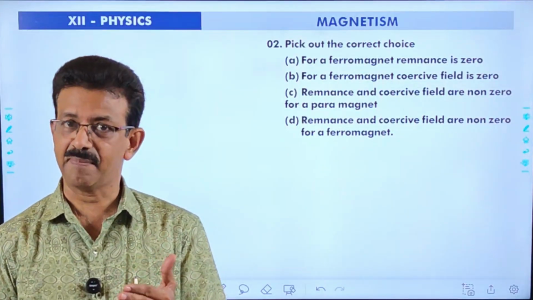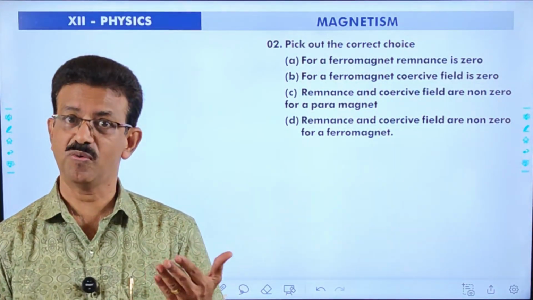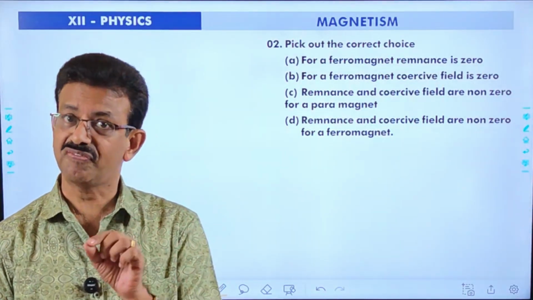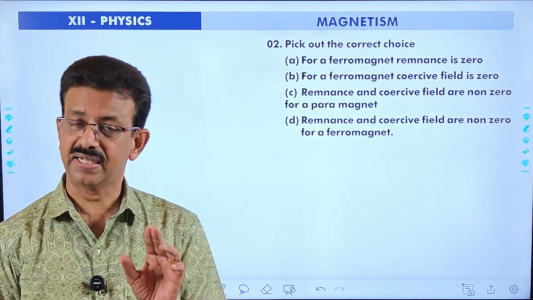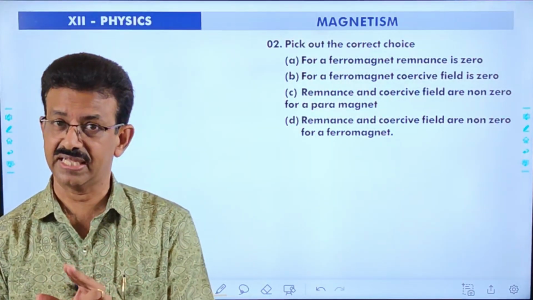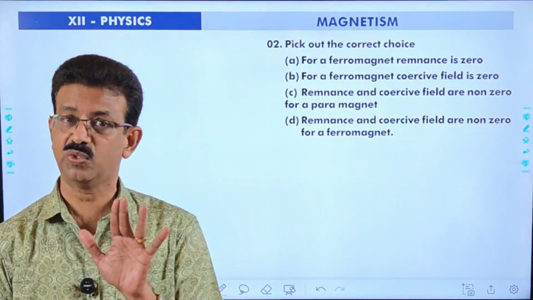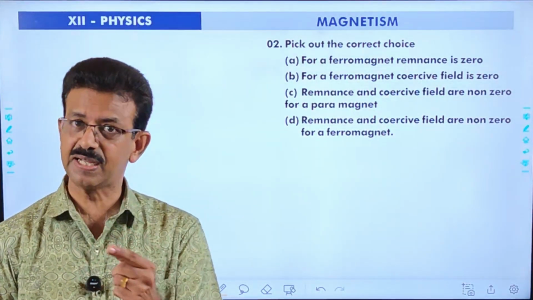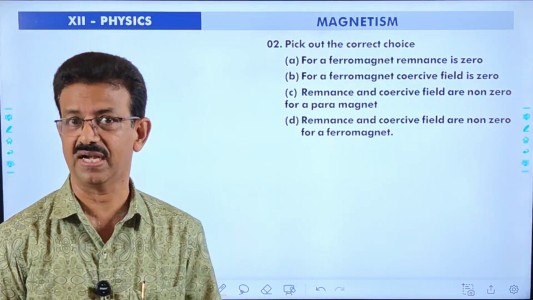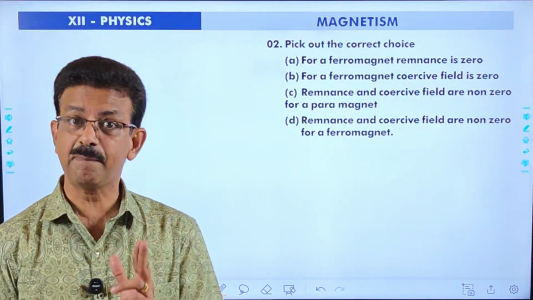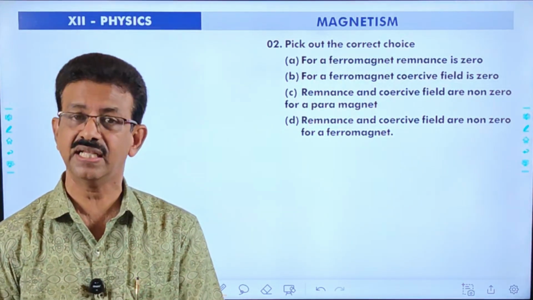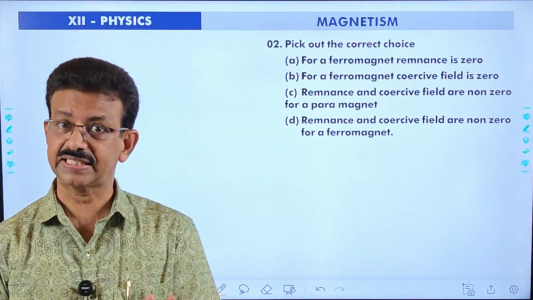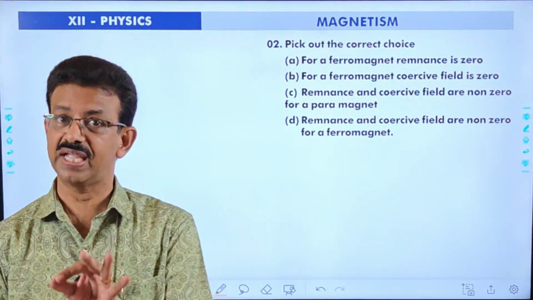Then, if a paramagnet is kept in a uniform magnetic field region, it will align parallel to the field lines. But if a diamagnetic material is kept in a uniform field region, it will be aligned perpendicular to the field direction, that is, the material sets itself with its longer axis perpendicular to the field.